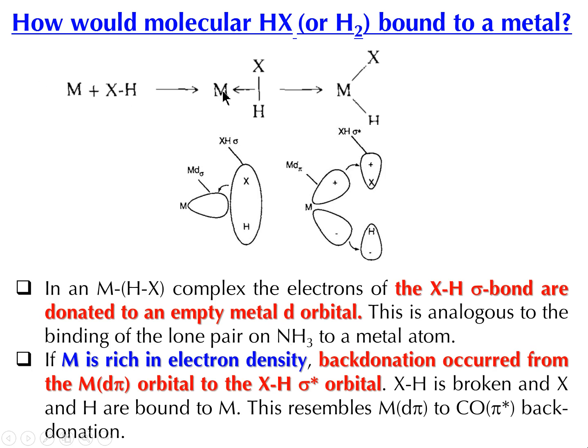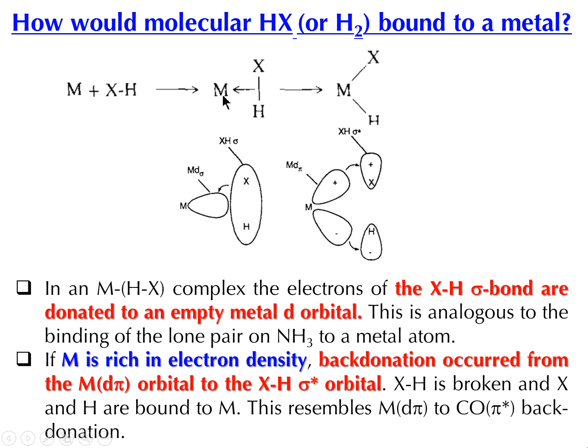If M is rich in electron density, we will have back donation from M to the orbitals of H and X, and especially to the sigma star orbital of HX.